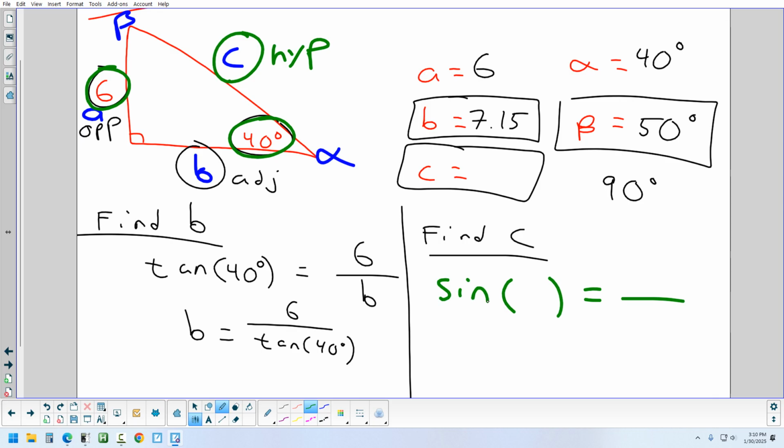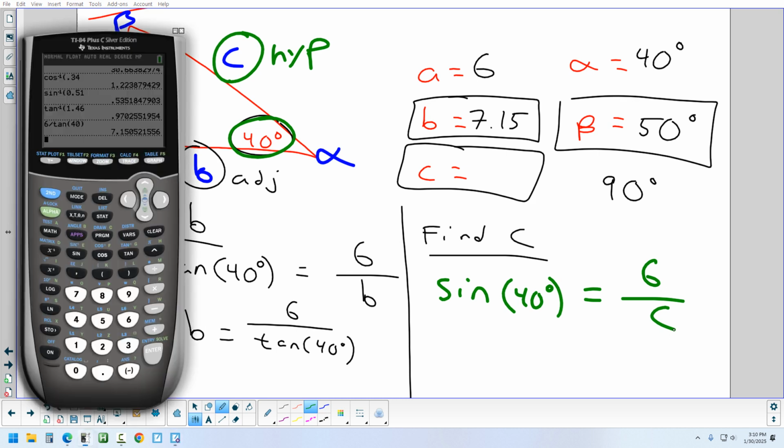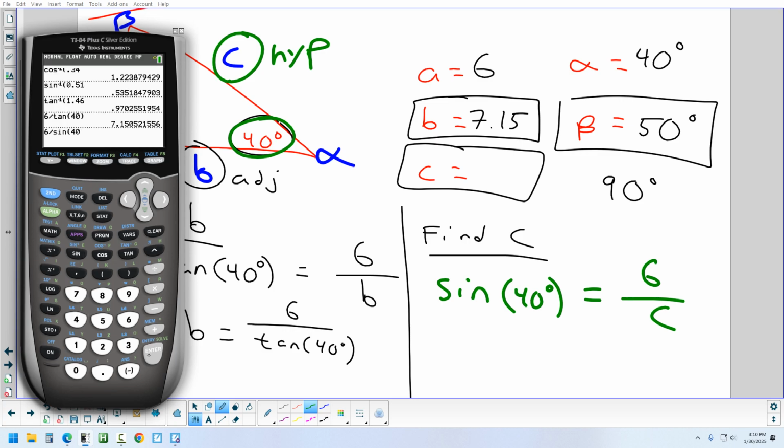Okay, so how would I finish setting up my equation? Yeah. Sine of 40 degrees, and then 6 over C. Yep. 6 over C. It's pretty much the same setup as the last one. It's going to be 6 divided by sine 40 to get C. Okay, so 9.33.